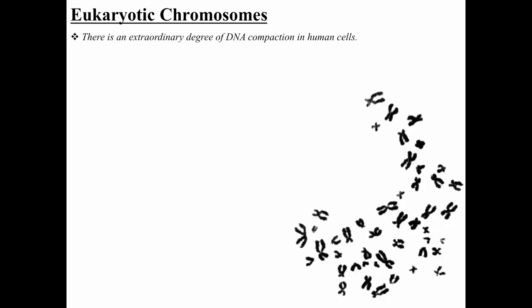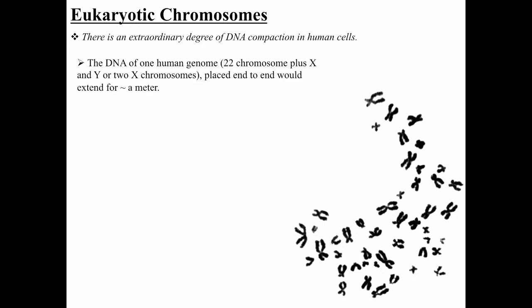So eukaryotic chromosomes are essentially the way that the cell is able to compact the DNA to an extraordinary degree. If you were to stretch out the DNA of each of the 22 plus the X and Y chromosomes end to end, that DNA in just one cell is approximately 1 meter long. And if you consider the fact that most cells are diploid, then each cell contains about 2 meters of DNA.